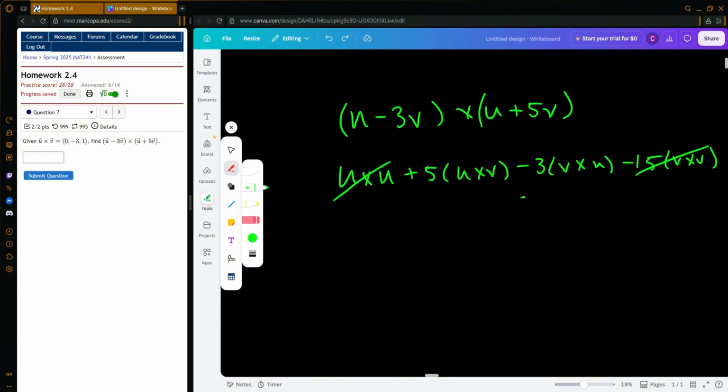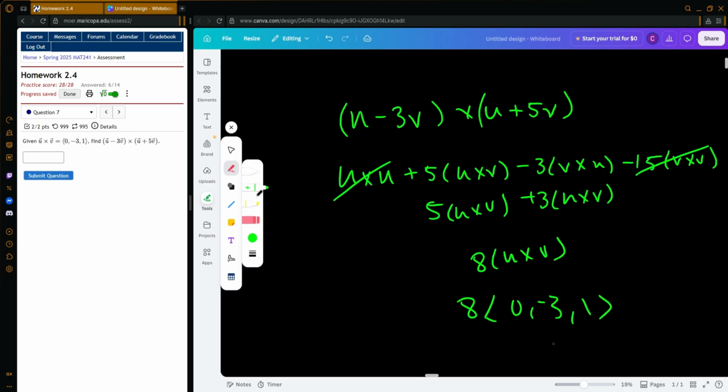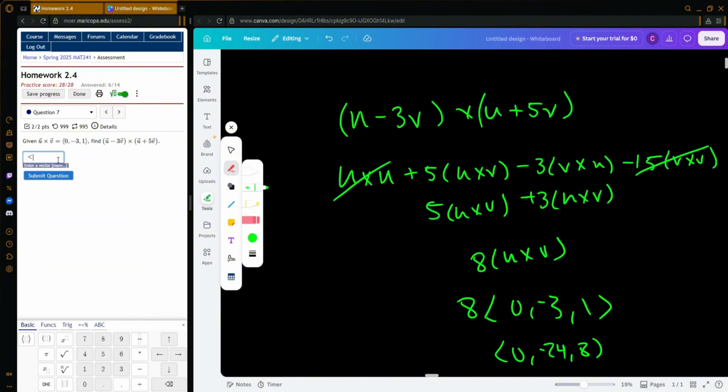So let's make this one plus 3 u cross v. We still have 5 u cross v here. So this will give us 8 u cross v, and we know what u cross v is, it's 0, negative 3, 1. So we get 0, negative 24, 8.